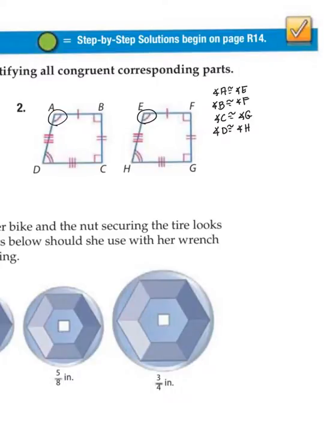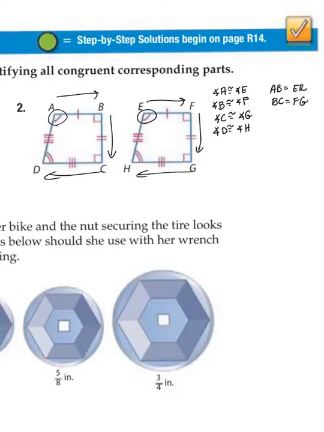Now I have to do the sides. I know that from A to B equals E to F. I know that BC equals FG. I know that CD equals GH. And finally, DA equals HE.